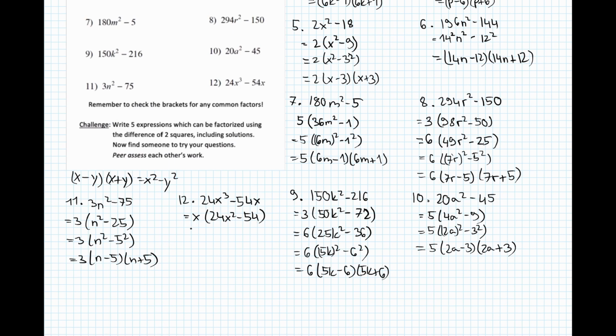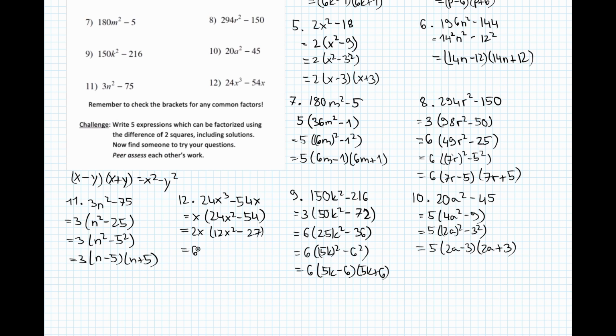So we'll keep going over here. Maybe just divide this by 2, take the 2, write it in front of the parentheses. 12x squared minus 27. Still not a perfect square, but we can divide 27 by 3.